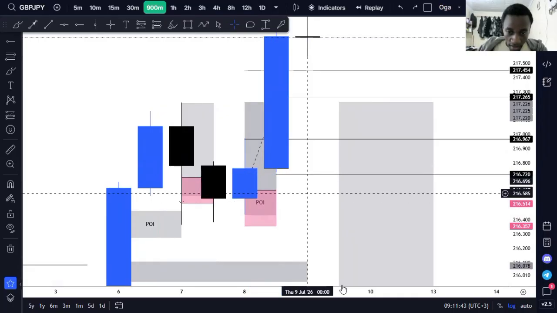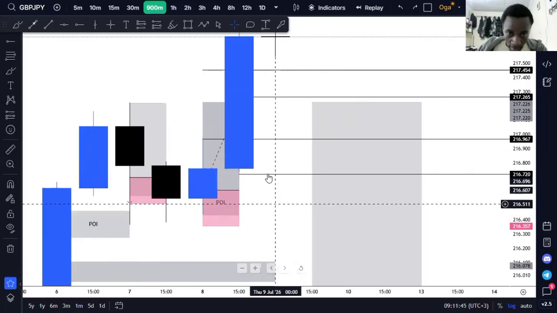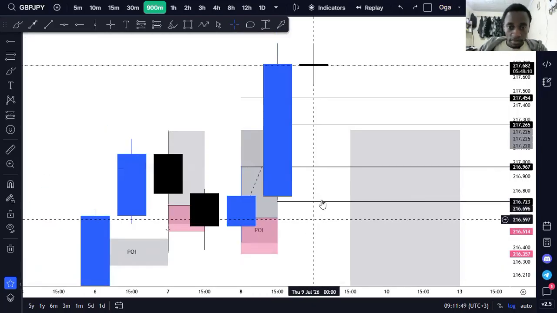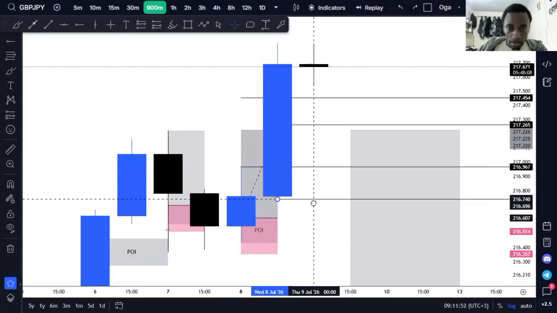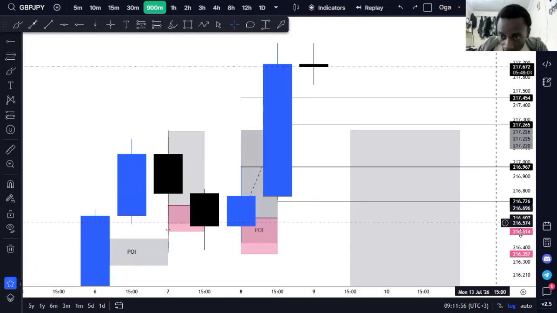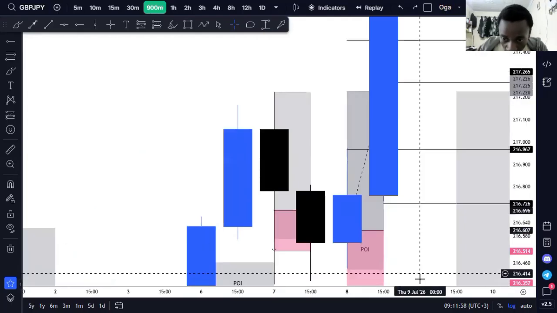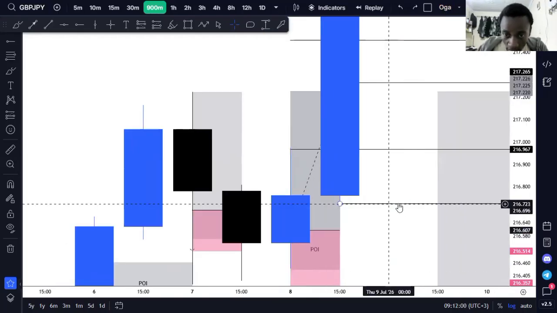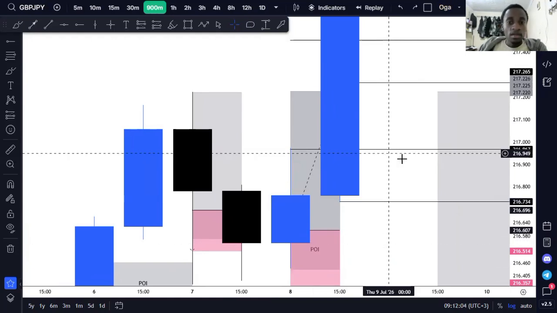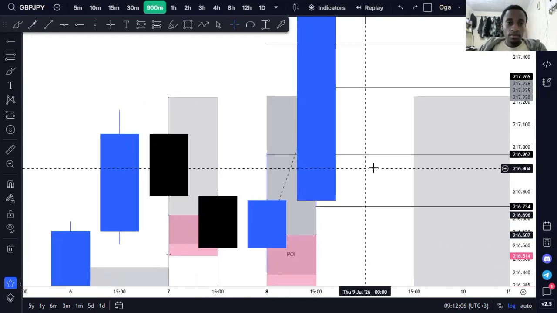So that's another point of interest. Let me adjust it to the weak overlap. I don't know if it's at the exact point. Maybe let's adjust, yeah, like that. So this is on 15 hours.